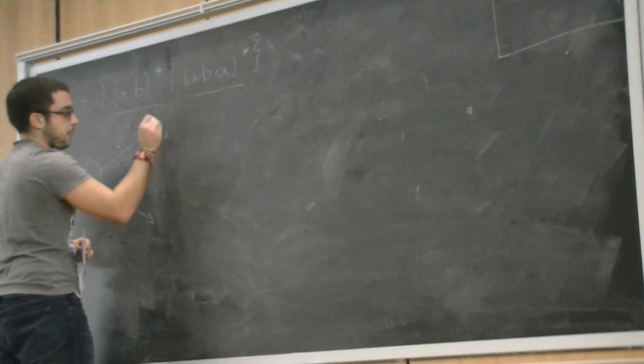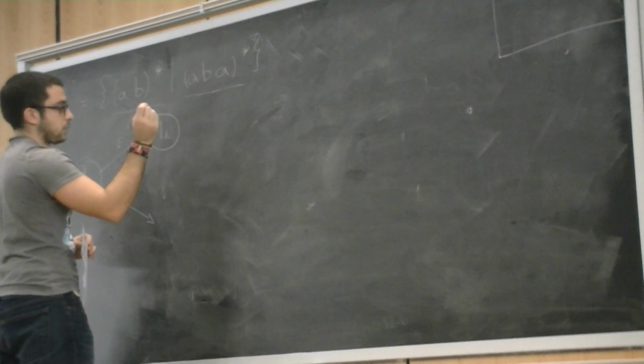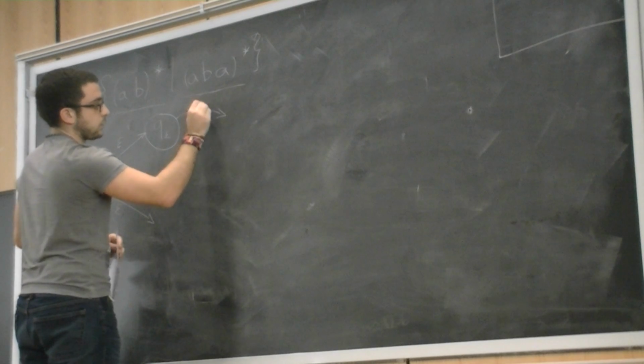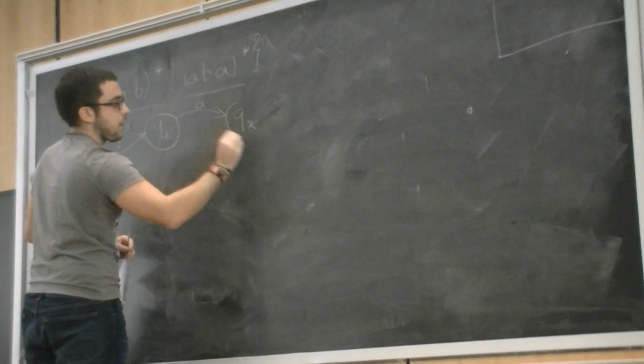It comes to Q1, so state 1, and state 1 can only go to state Q2 if there's an A input value. And then from there you can do something like that. Okay? And then with the B, we do what? You can, if there's a B, just point it back to itself.